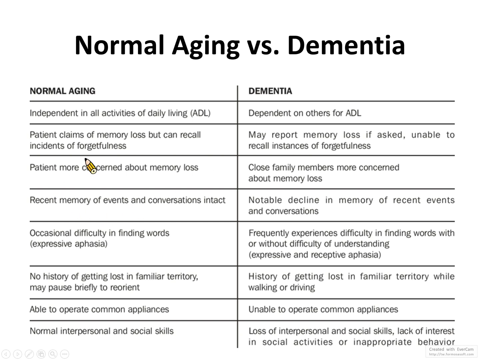In normal aging, people are more concerned about memory loss, while in contrast, dementia is often reported by the family.